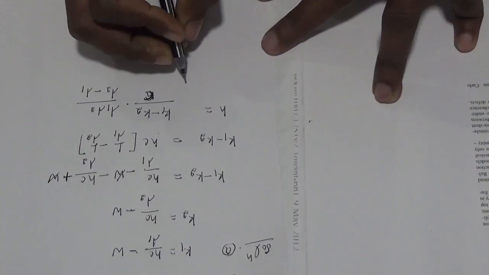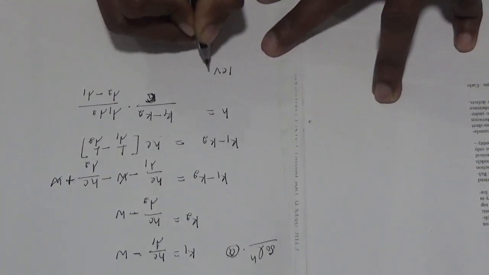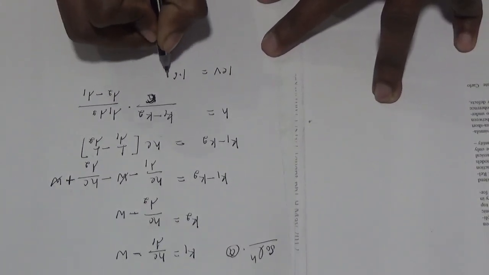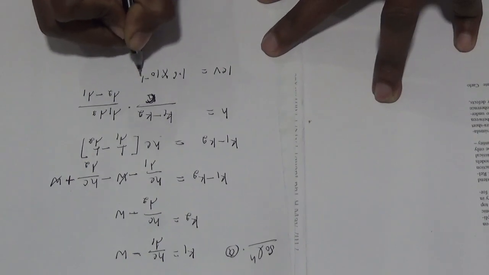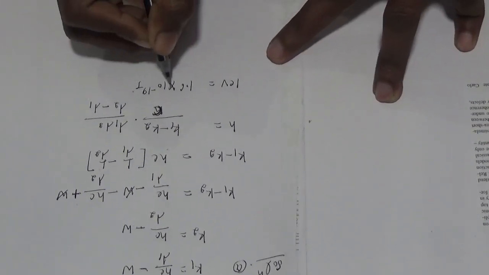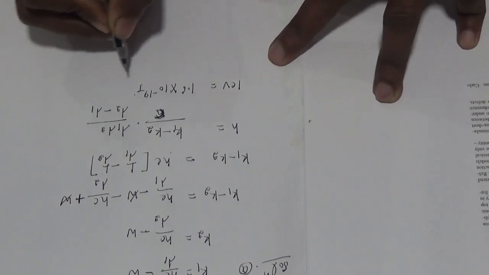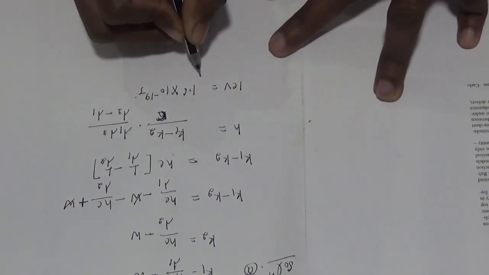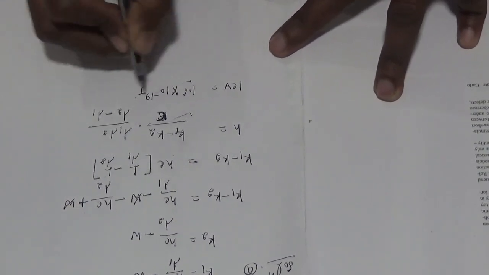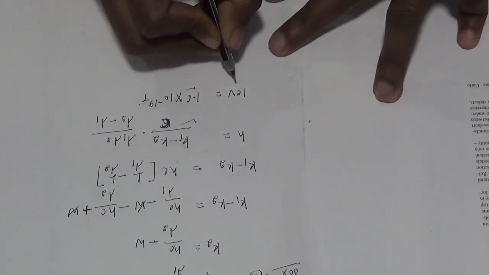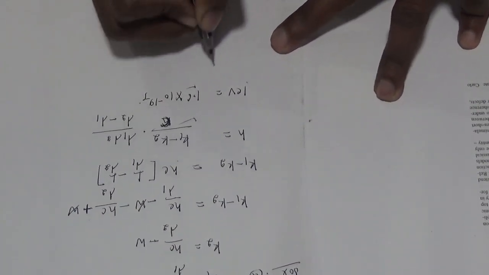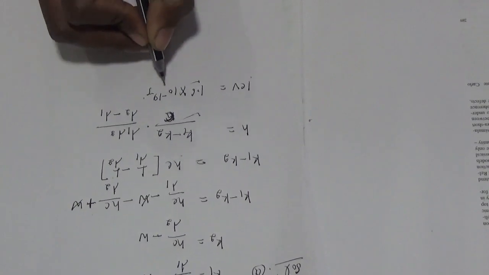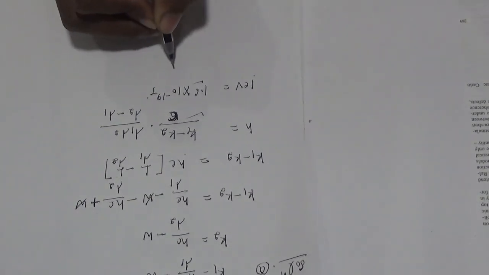Now we will put 1 electron volt is equal to 1.6 into 10 to power minus 19 joule. The numerical value of h we can obtain from this equation, putting 1 electron volt equal to 1.6 into 10 to power minus 19 joule.